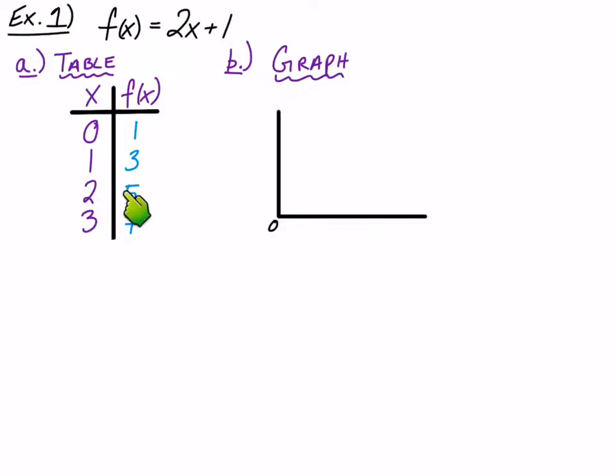So we can just use these to make our graph of the function. We've already got points to graph. I need to make some tick marks on my axes. Let's go 1 to 7 on the x-axis, and the same thing on the y-axis, 1 to 7.